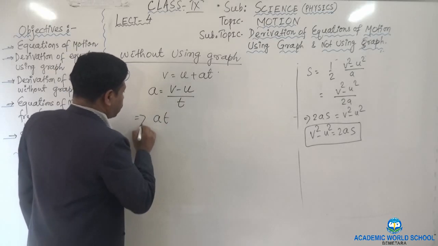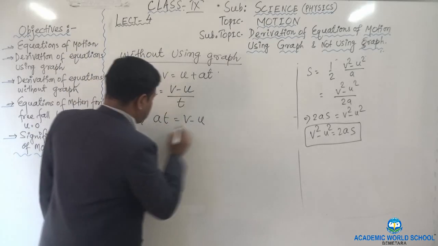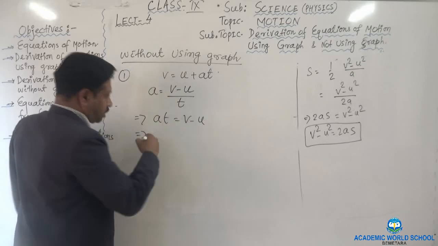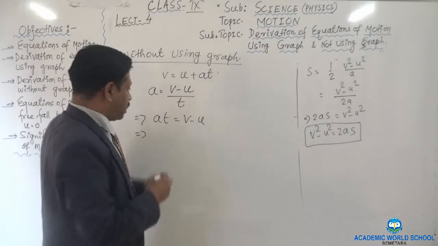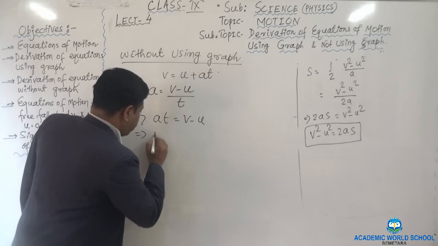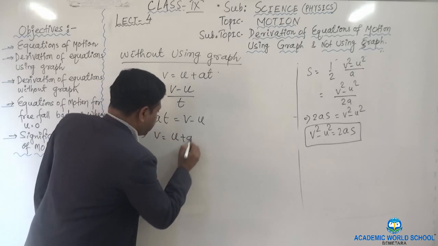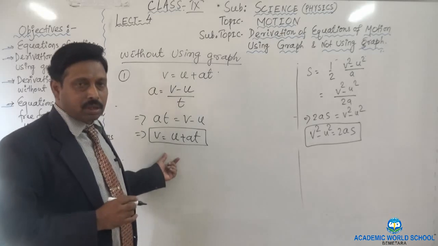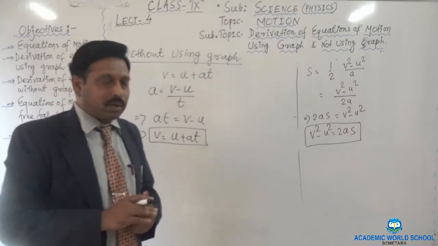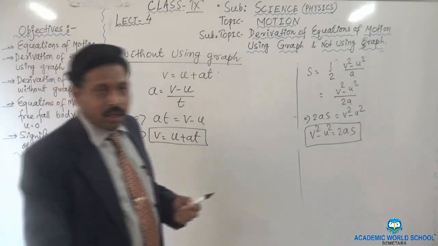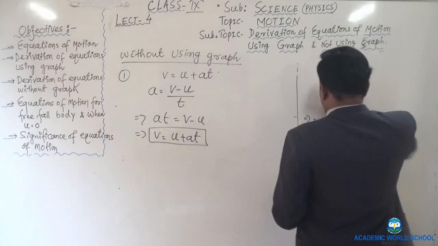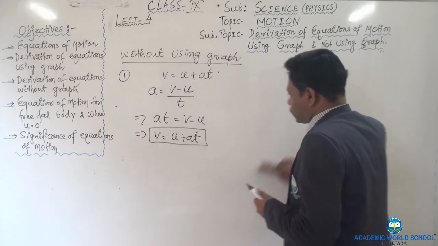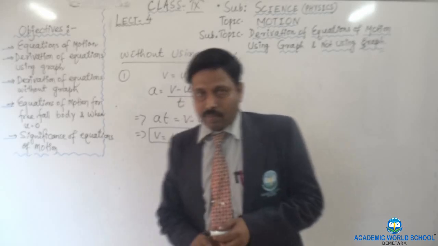AT is equal to V minus U, and after that I can move U from the left hand side to the right hand side, so that I get V equal to U plus AT. So this is the first equation of motion derived without using the graph. Now let me go to the second equation. Again, for the second equation we do not need the graph. Okay?